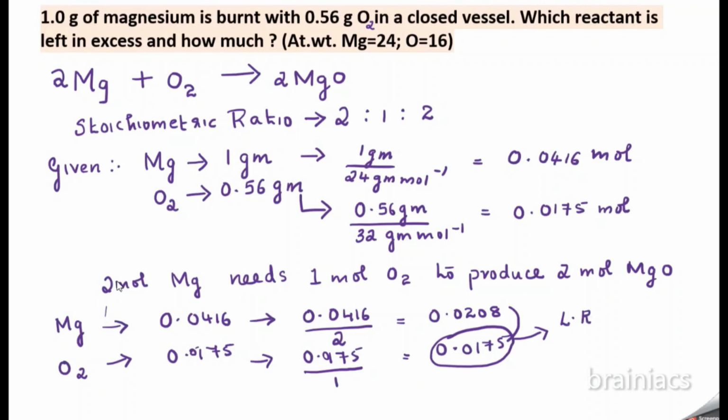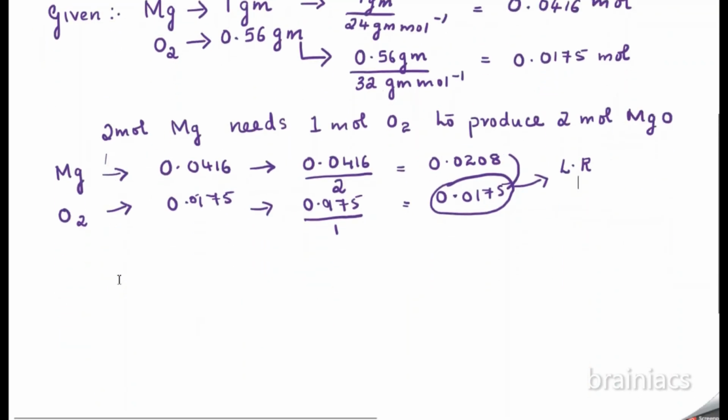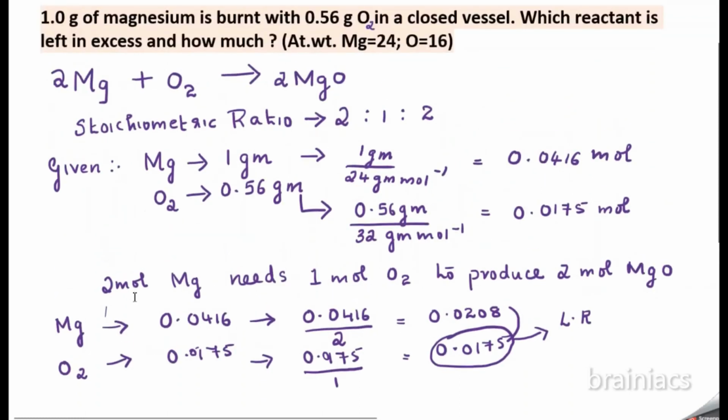Understood? So if this is the limiting reagent, now how can we proceed? I can say that oxygen will be controlling the entire reaction. So who will be left in excess? Now I got the first part of that answer. Which reactant is left in excess? We know that the limiting reagent is that species which is completely consumed, used up in a reaction. So if oxygen is completely consumed, who will be left in excess?